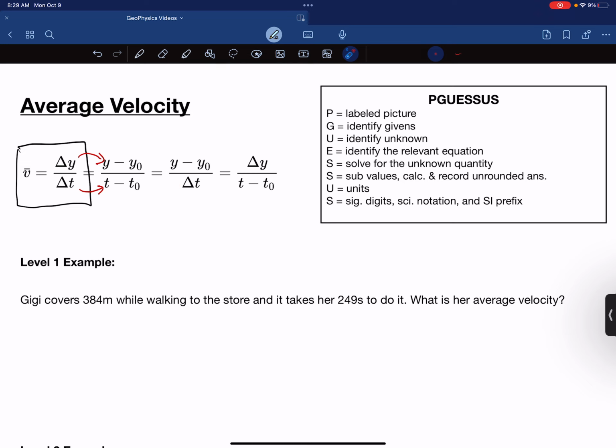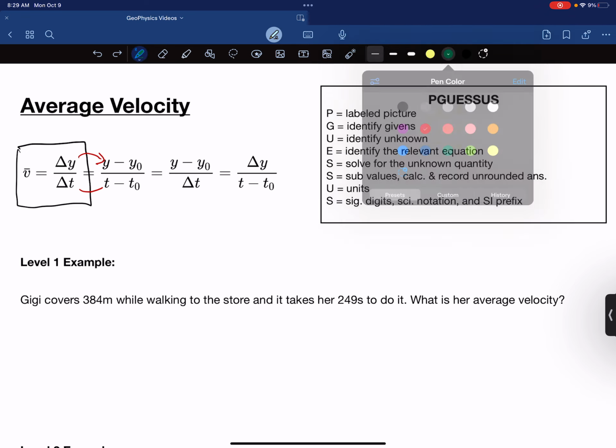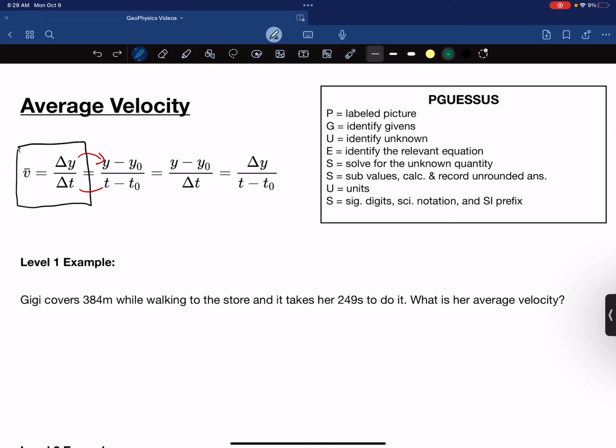So what we have in these other expressions of the formula are different ways of expressing them. We have y minus y naught, the very specific version, and we can combine the numerators and denominators in different combinations.